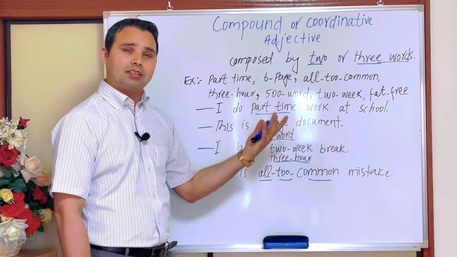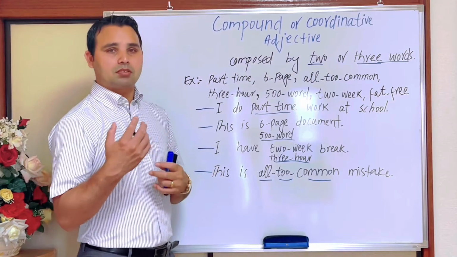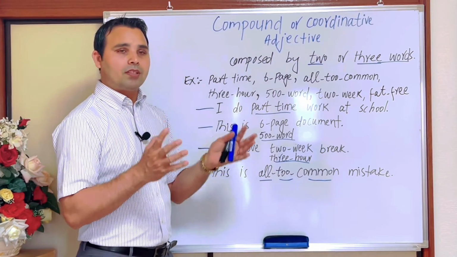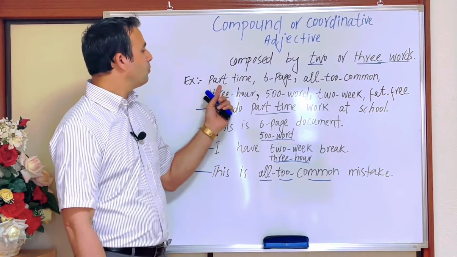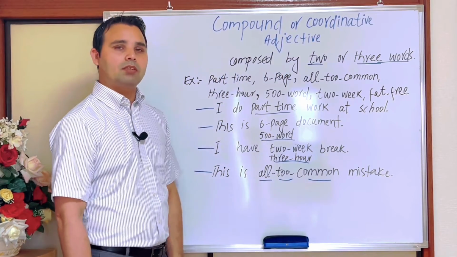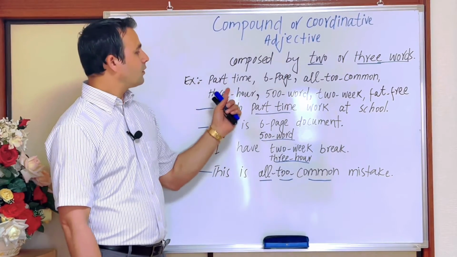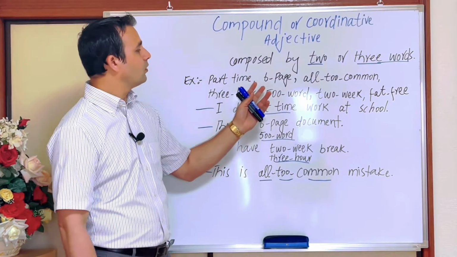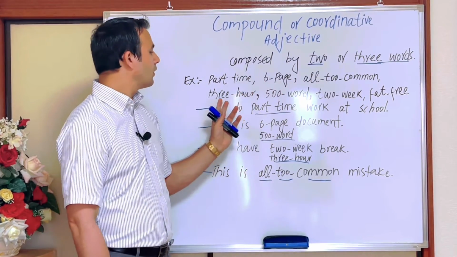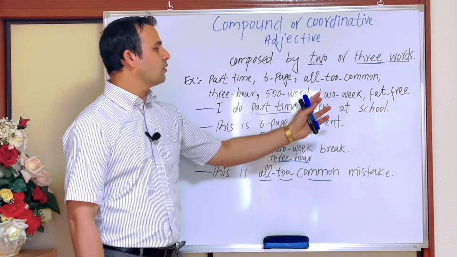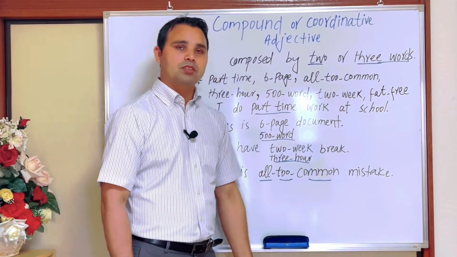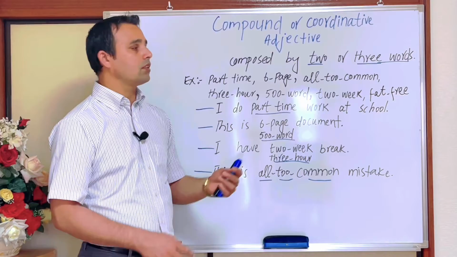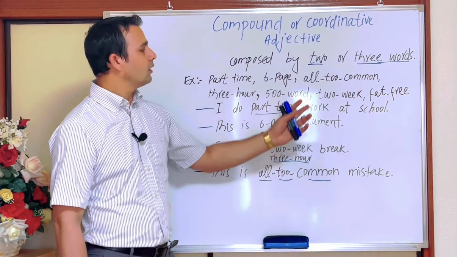Part-time. Part is one word. Time is also another word. When they are put together, they make a compound or coordinative adjective. The same goes for the examples of two words: 6-page, 3-hour, 500-word, 2-week, and fat-free. In all these examples, you can see that two words are put together.